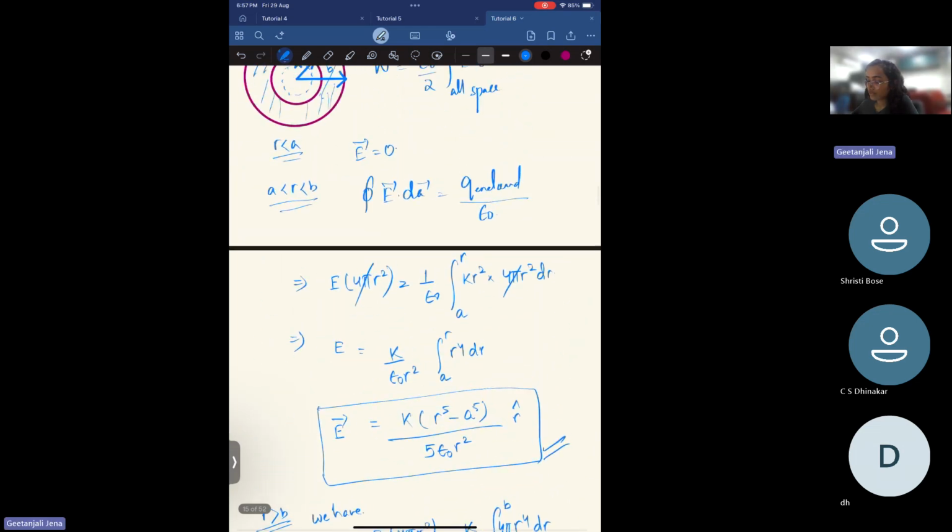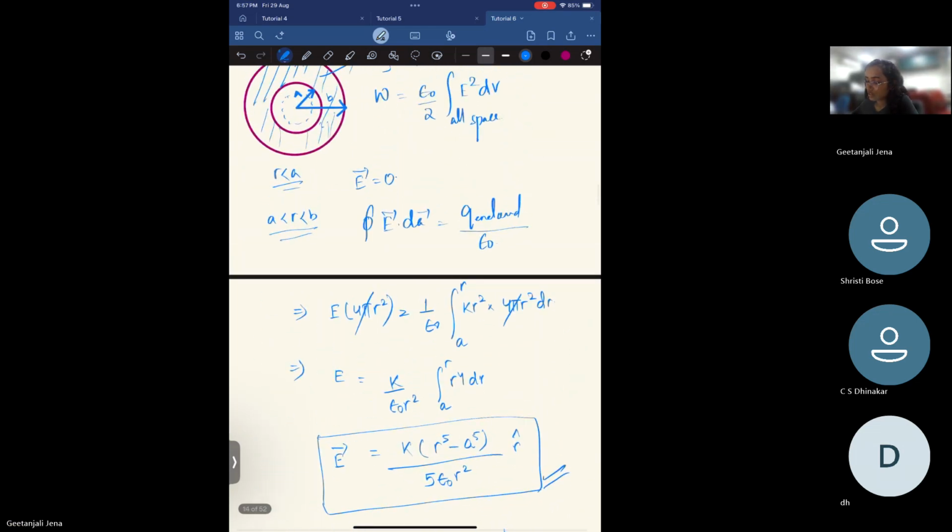Why didn't you cancel r square on both sides? So you mean the r square here and the r square here? You can't cancel it, because this r square is related to the integration of dA.